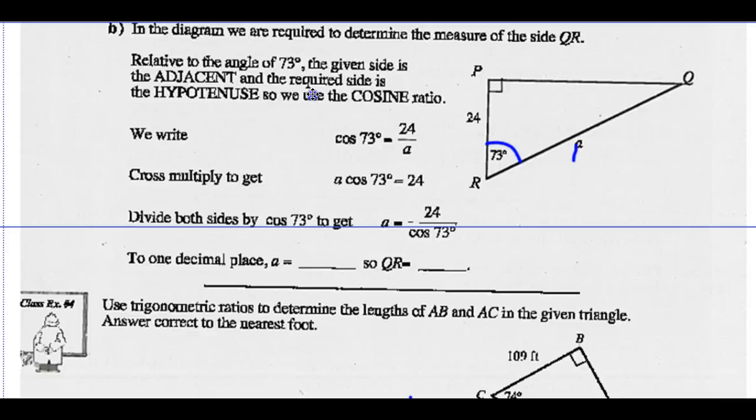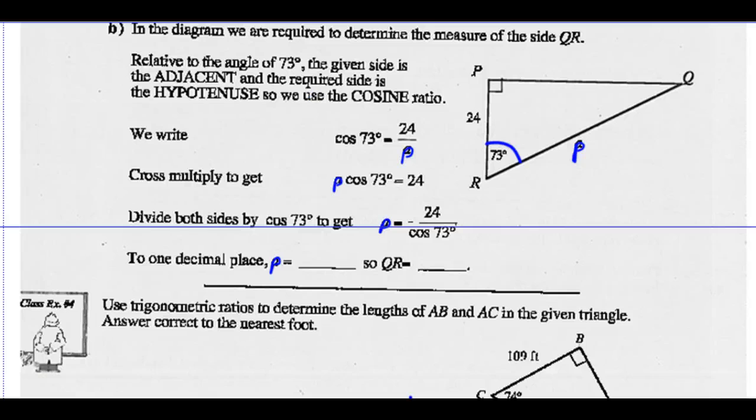All right, so I say this is little side P, opposite angle P. And cosine of 73 degrees would be adjacent 24 over hypotenuse P. So P times the cosine of 73 should equal 24, multiply both sides by P, and then divide both sides by the cosine of 73 degrees. So little p, or the hypotenuse, is going to equal 24 divided by the cosine of 73.